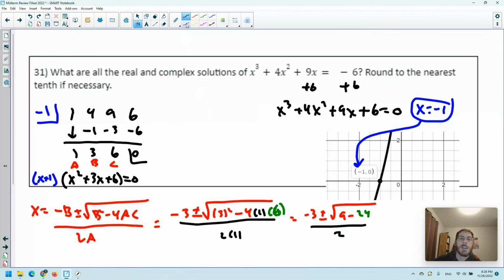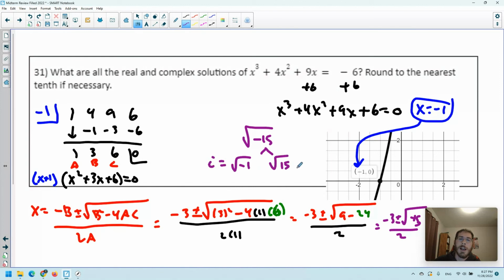All right, 9 minus 24 is negative 15. Yeah, because 15 and 9 would be 24. I have to break this down. There's a negative, so negative means I got to break it down. So square root of negative 15 is going to be negative 1 and 15.